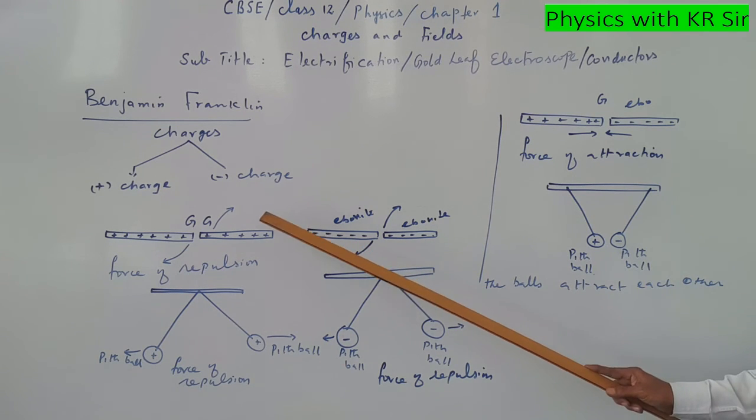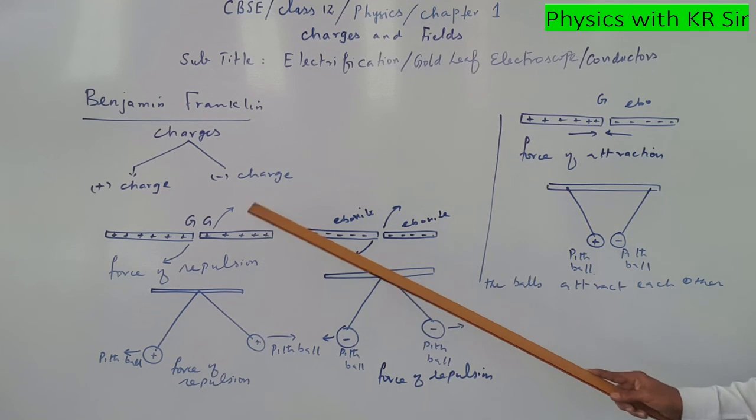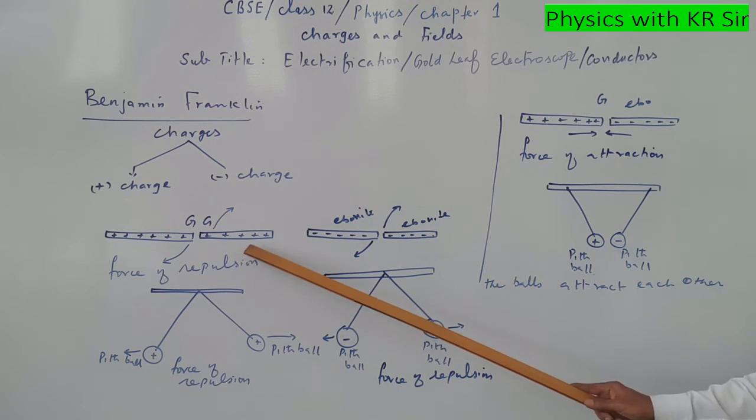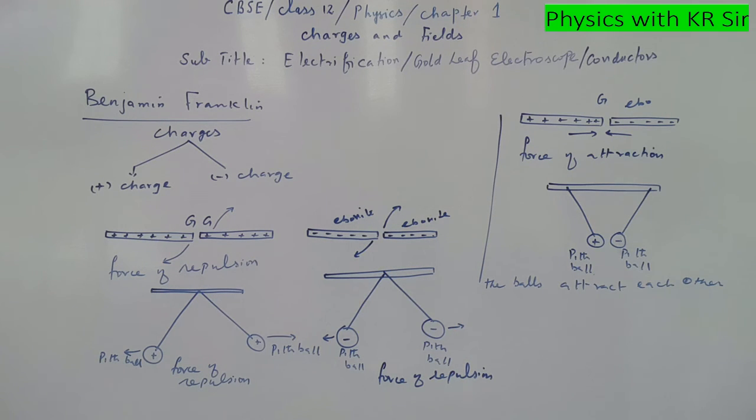So we come to know that like charges repel. Two pith balls having the same charge repel each other. But if we take two oppositely charged bodies, for example glass which is positively charged and ebonite which is negatively charged, and put them together, there is force of attraction.